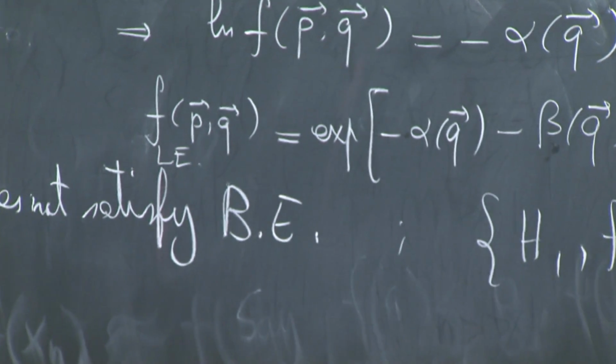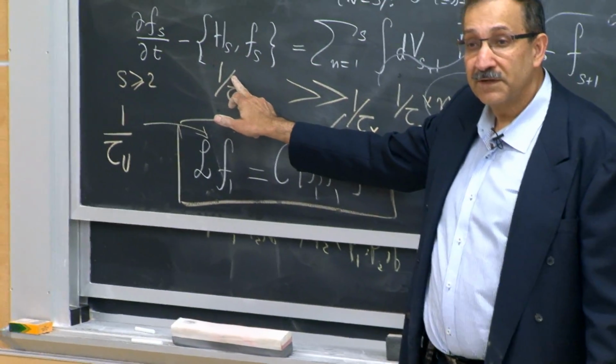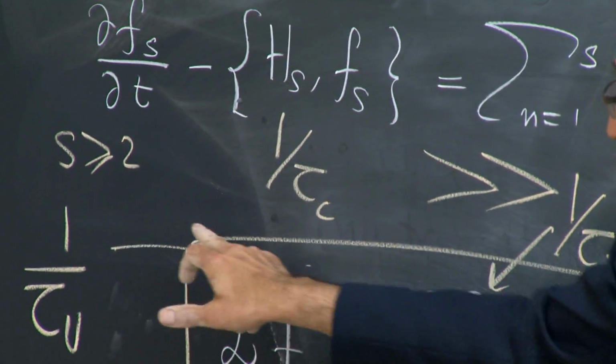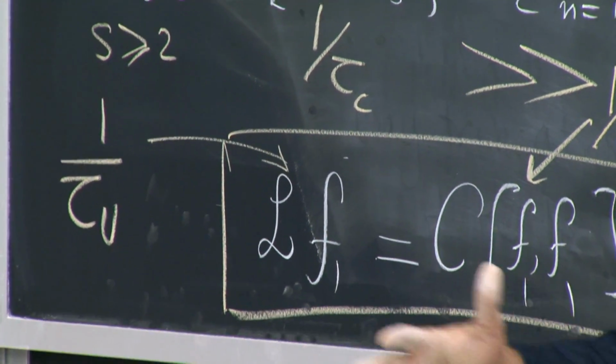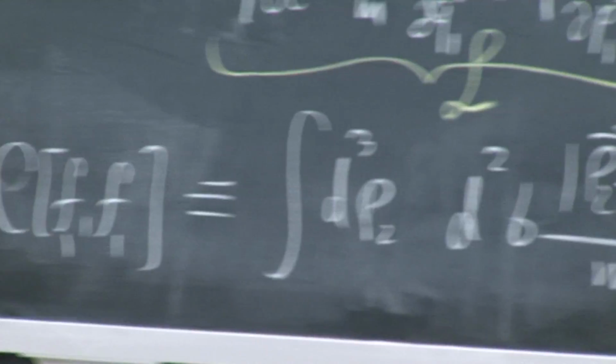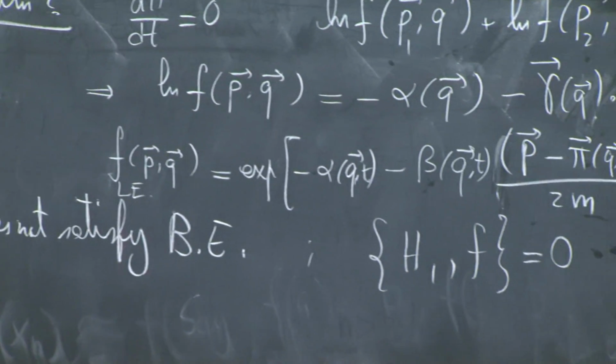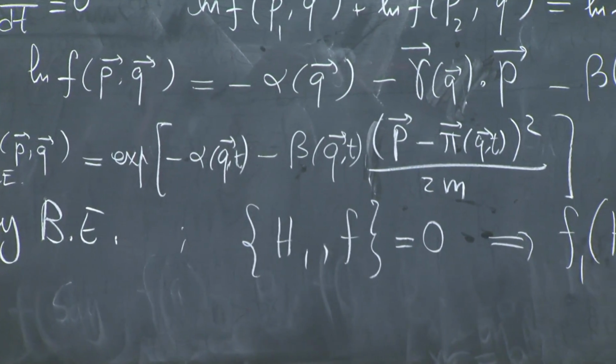But then the left-hand side of the Boltzmann equation takes over, and over a time scale that is much longer, it will then change the parameters of this. So basically, these parameters should really be thought of as functions of time whose evolution changes.